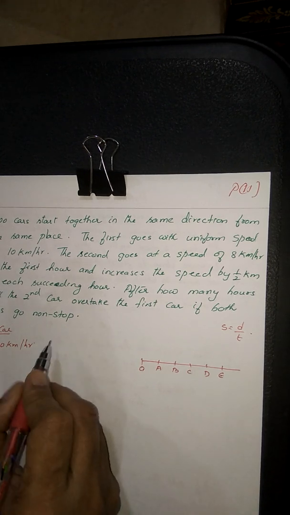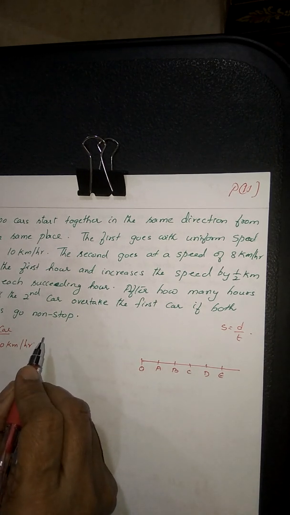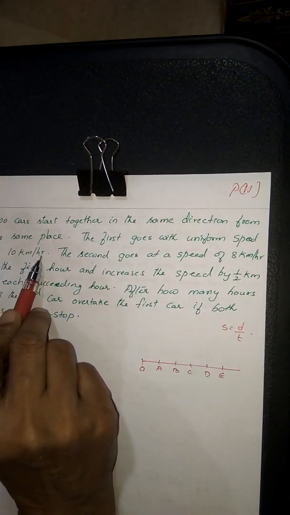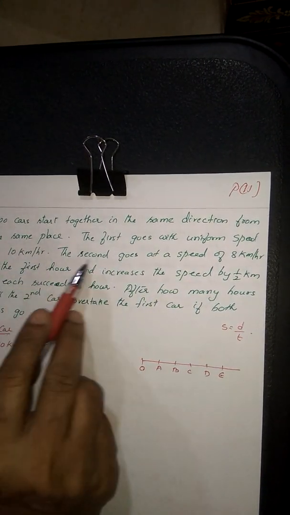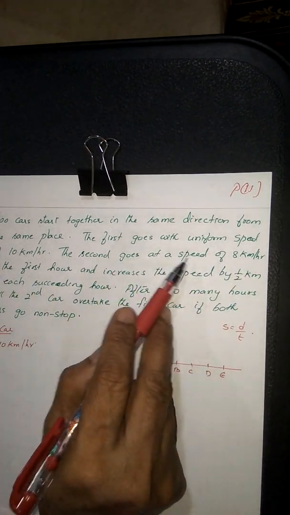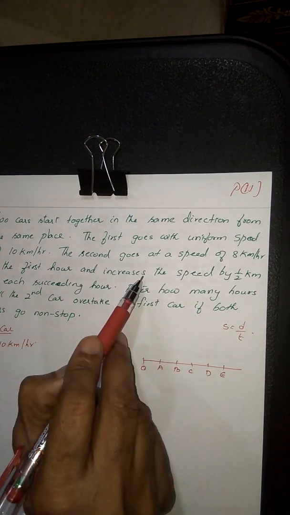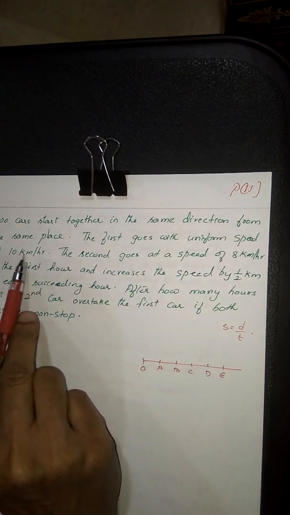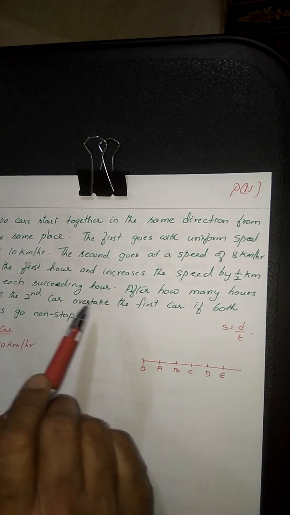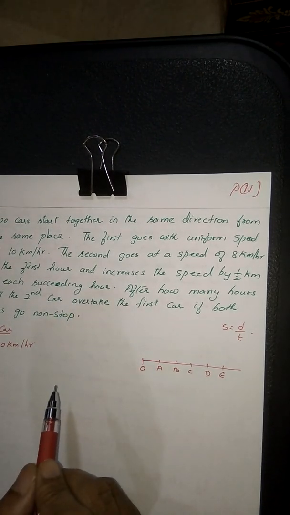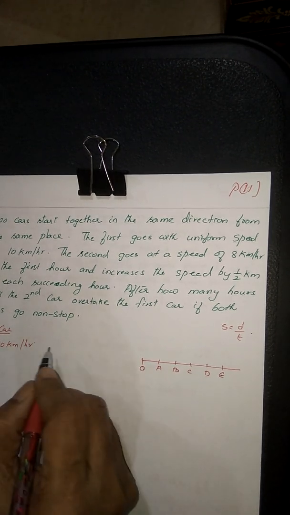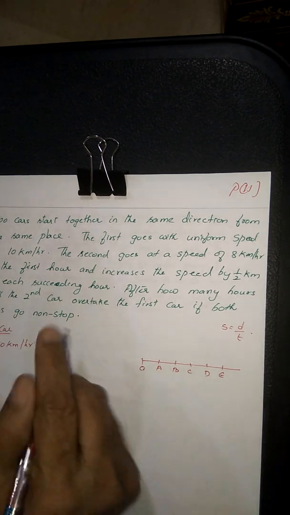The second will start with 8 km per hour, so it will be going slow and then slowly it increases. After a certain time these two will meet at one point, say after n hours. So we will take this as the time taken when they will meet.